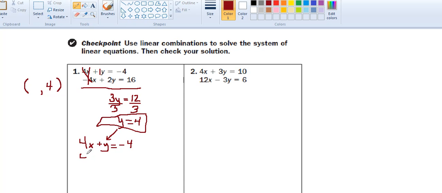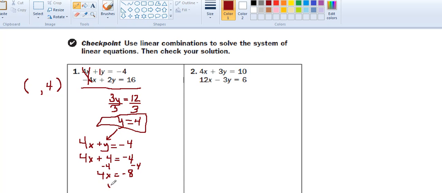So rewriting the equation, it's 4x plus 4 equals negative 4. You're going to take away 4 on each side. We have 4x equals negative 8.